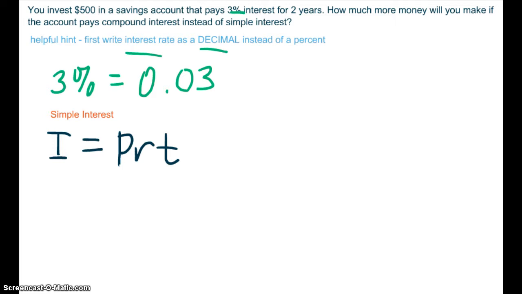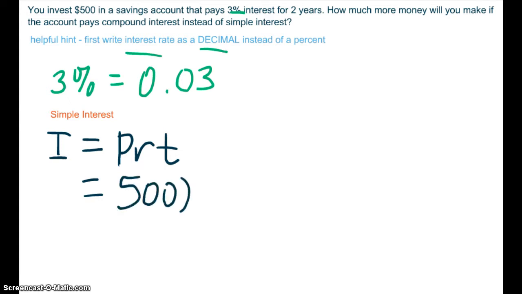Alright, so we need to find the difference between simple and compound interest, how much more we'll make. So you're going to write out your formula, which will always be on your chart, for simple interest. The interest is the principal times the rate times the time. So, the principal, that's the amount that you initially invest.